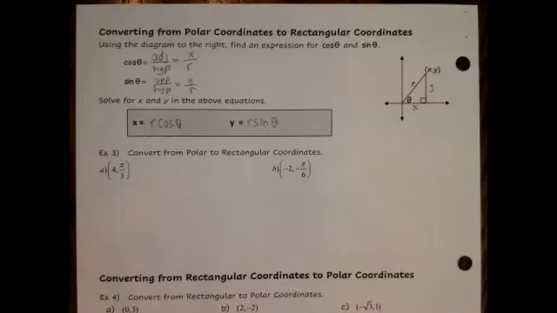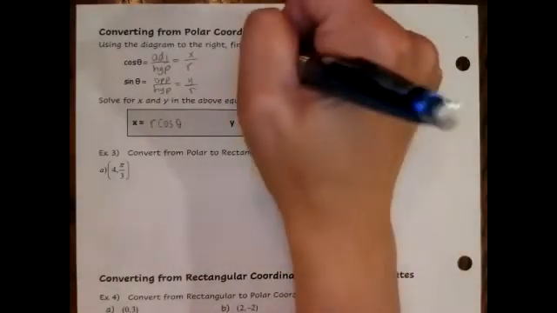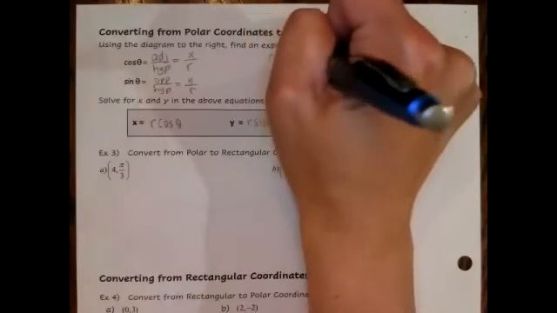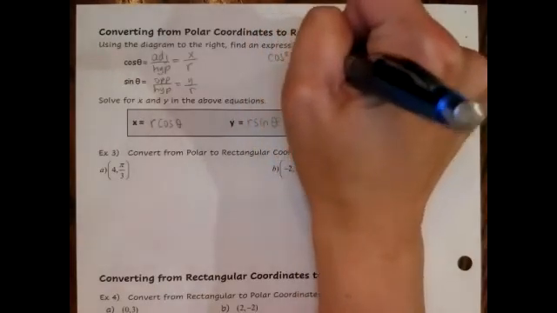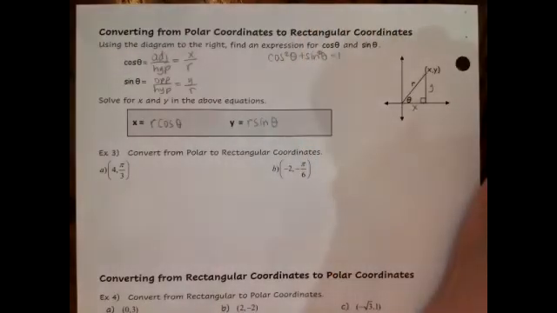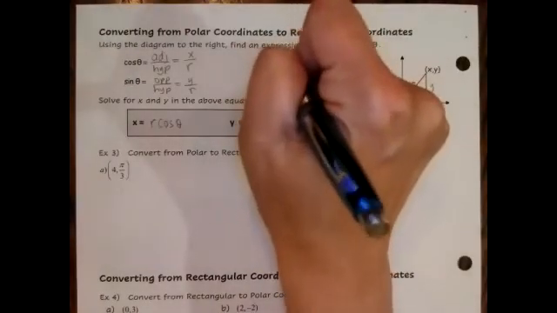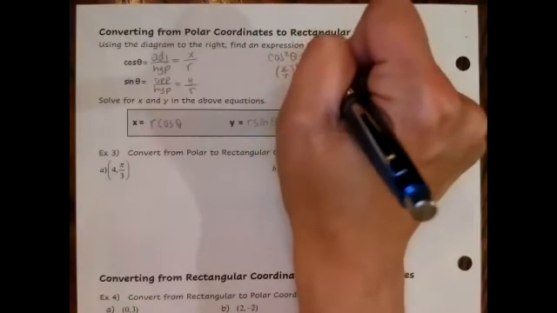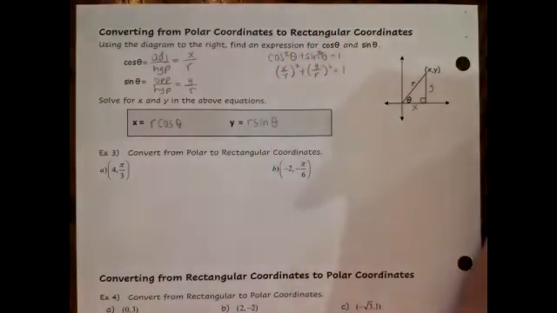We're also going to use those to convert from rectangular equations to polar ones and back and forth. As we're talking about those, we should also remember that in our trig unit, we learned that cosine squared of theta plus sine squared of theta was equal to 1. That means that x over r squared plus y over r squared equals 1.